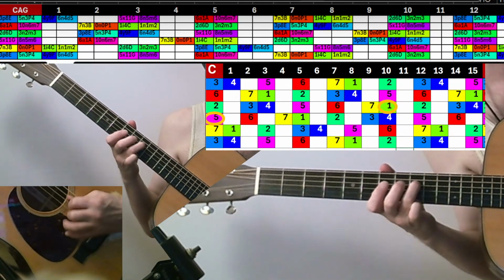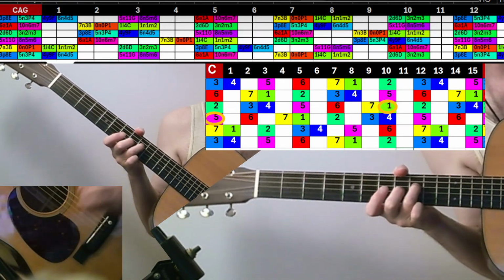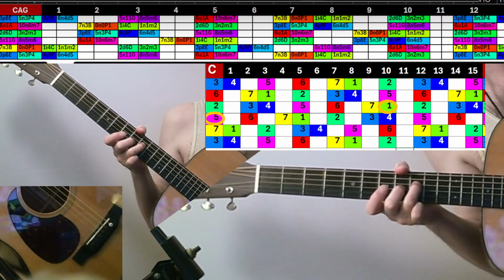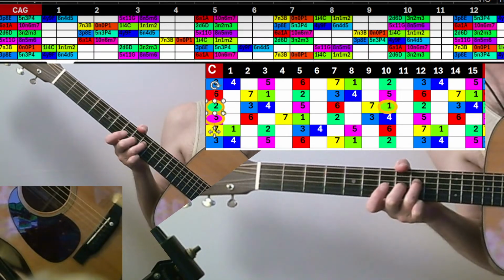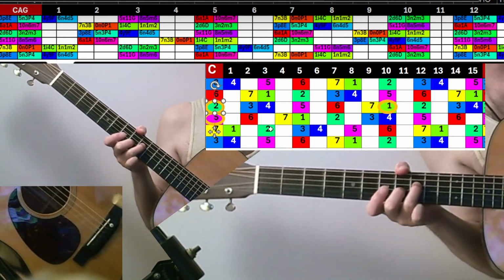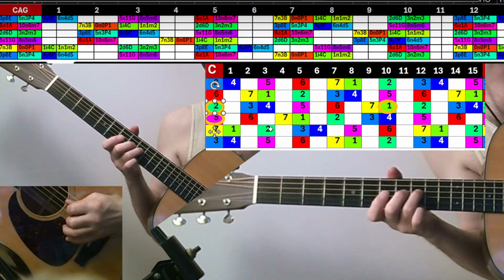I'm up here. And then I'm also playing, if I open this one up, I'm playing a D. Now that one's a little bit closer because it's only 2 half steps away. So that one's going to be more dissonant, a little bit more dissonance.